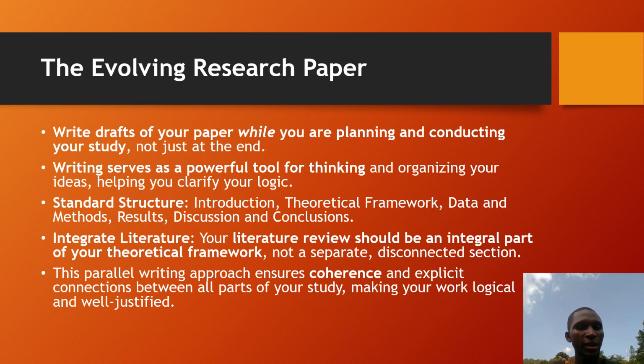When you have 50, my take will be you're good to go. Ensure you understand as much as you can from all those 40 research papers. And this parallel writing approach ensures that you have coherence and an explicit connection between all parts of your study, and it makes even your work more logical and well justified.